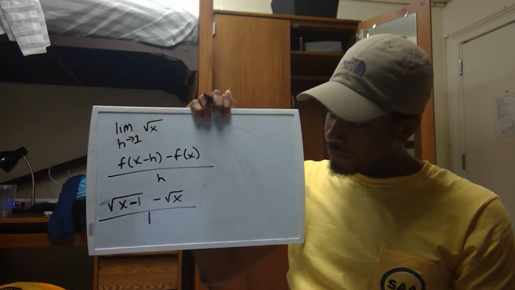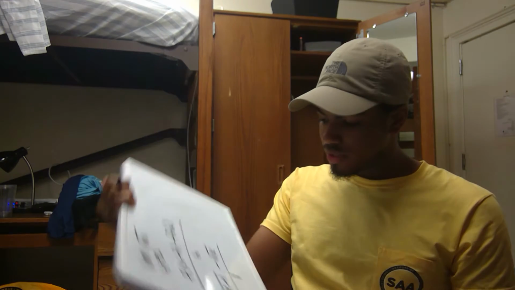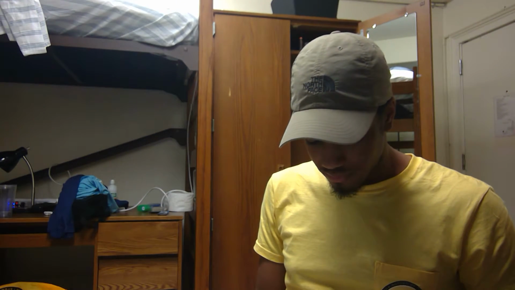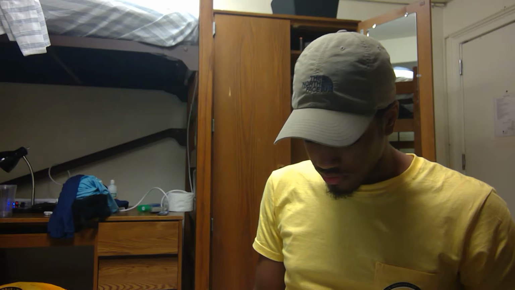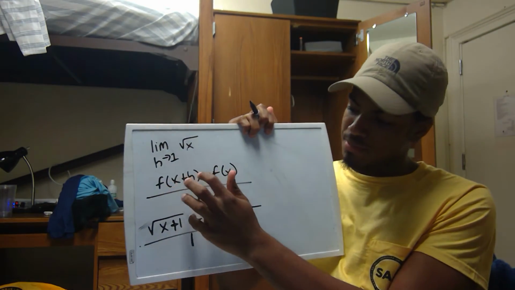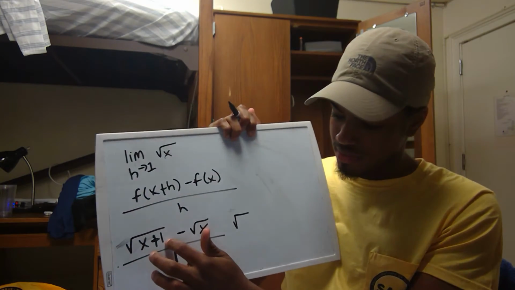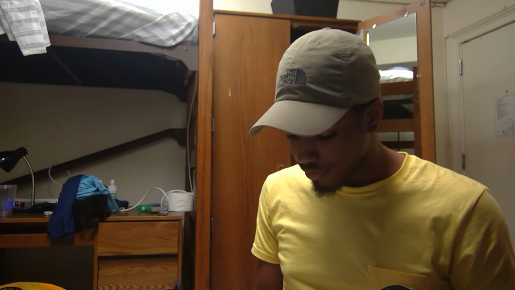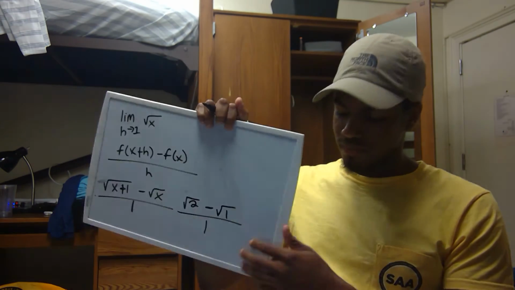So then basically what we do is we plug in x equals 1, and we would get the square roots of, I'm sorry, I made a mistake. Here is supposed to be x plus h, so x plus 1. So that would actually give us the square root of 2, since 1 plus 1 is 2. Then we subtract that square root of x, which is 1. And that's all over 1.